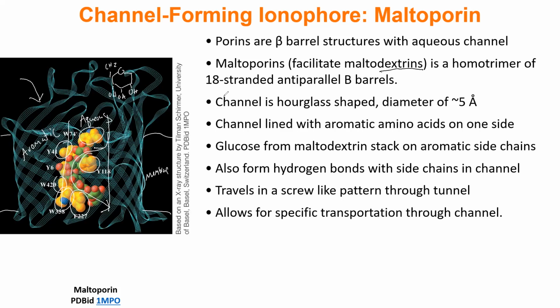And the way to answer that is, well, the function of maltoporin is to allow maltodextrins to go through the membrane. And the structure that helps with that is that they have a bunch of aromatic residues to interact with the ring structures of the sugar. They also have a bunch of residues that will hydrogen bond with the sugar that will allow it to move through the aqueous pore in the maltoporin. So that's the kind of understanding I'm looking for.